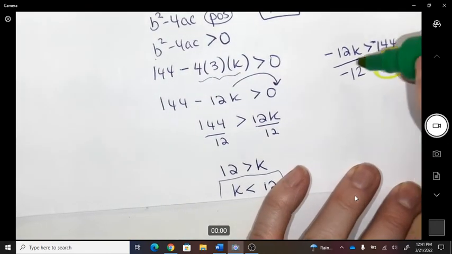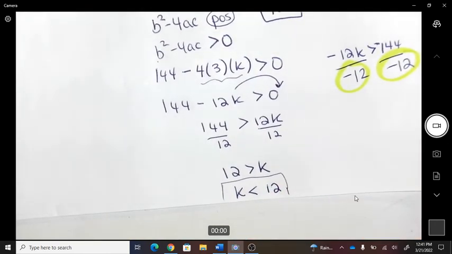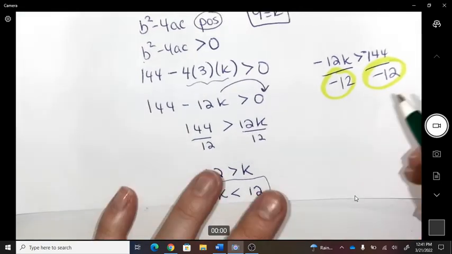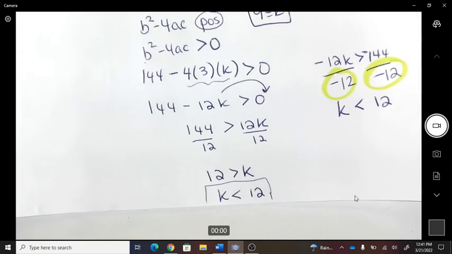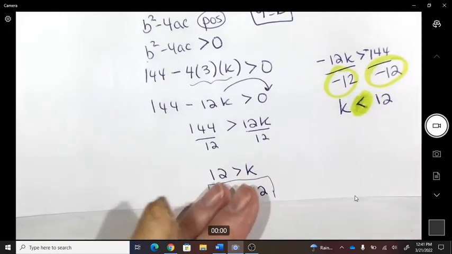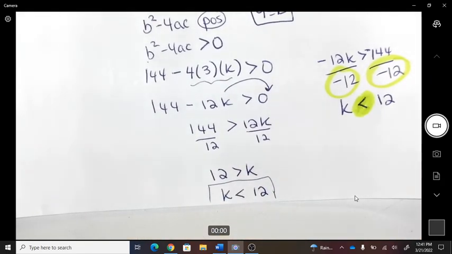If you're ever working with inequalities and you divide by a negative value, it flip-flops your sign. That's just something, if you do that in algebra, that's what happens. Dividing or multiplying by negative numbers within an inequality makes your sign change direction. So that's just a simple math rule that always applies. It's something you just always have to remember.